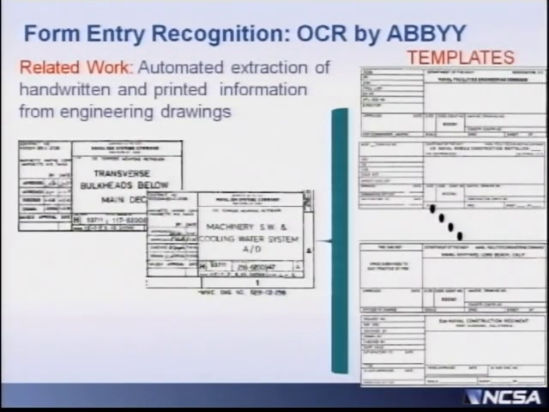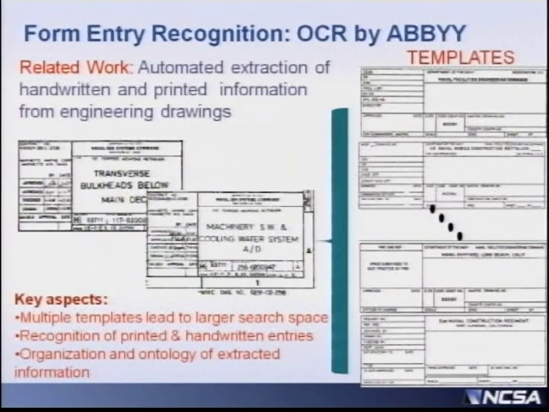What we have learned is that there are several templates, which really increases your search space, because now I don't know whether it's template 1 or template 2 that I should be matching against the image. So that increases computation requirements. The other challenge there is that you see a combination of handwritten and printed text.